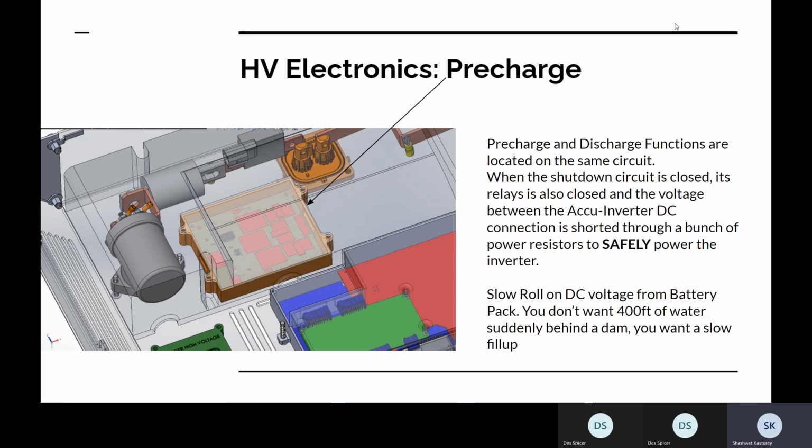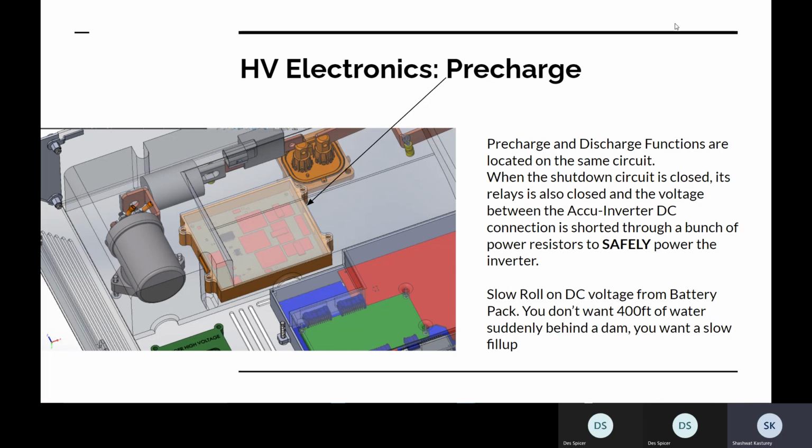You don't immediately want 400 volts of electric potential present at the DC input to the inverter because it would blow up the capacitors. You want to slow roll that power on by basically shorting some of the power as heat. So what the pre-charge circuit does is that when the car turns on and the shutdown circuit of the car is on, a relay is engaged and a circuit is completed that contacts these big copper bus bars, such that some of the power in a turn-on event is shorted to a resistor bank.